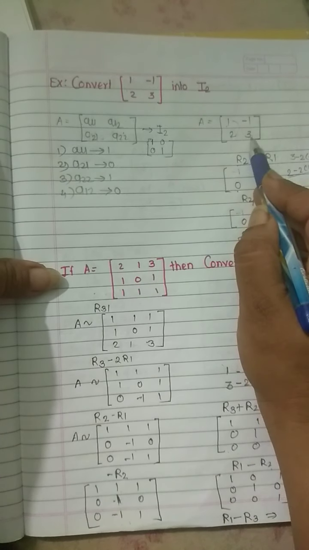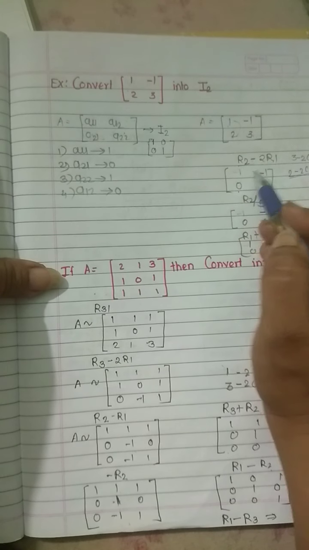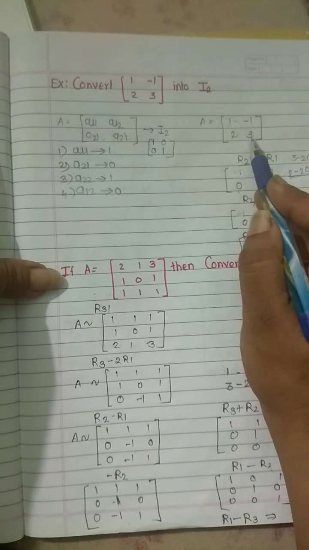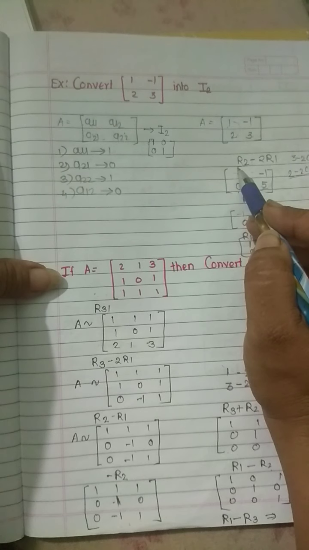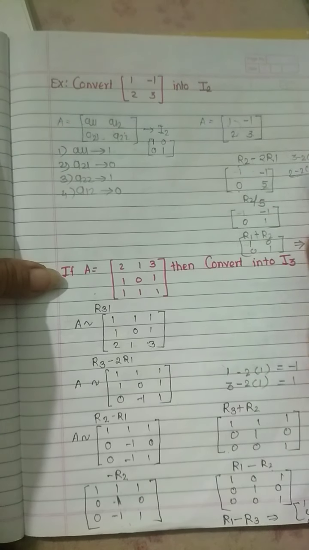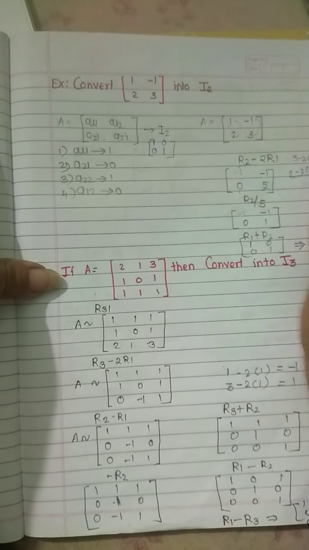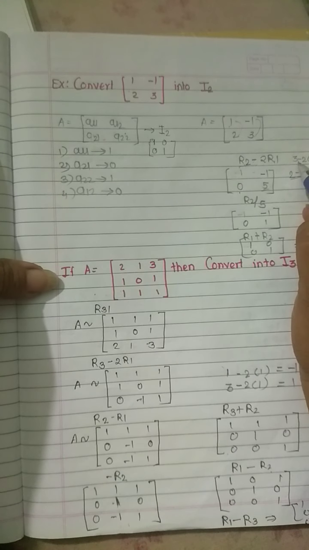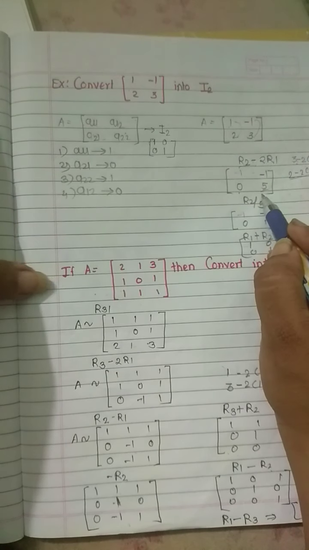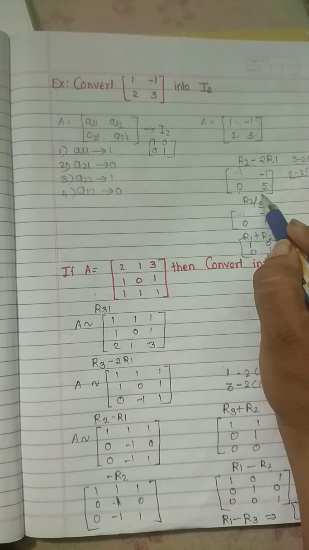Similarly, the element in the R2 row is 3 minus 2, and the corresponding element is nothing but minus 1. Minus 2 into minus 1 is nothing but 2. 3 plus 2 is nothing but 5. Therefore, the required number is nothing but 5.